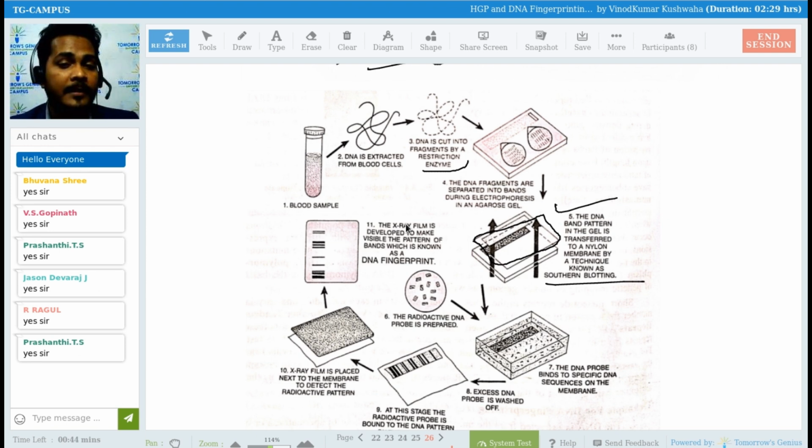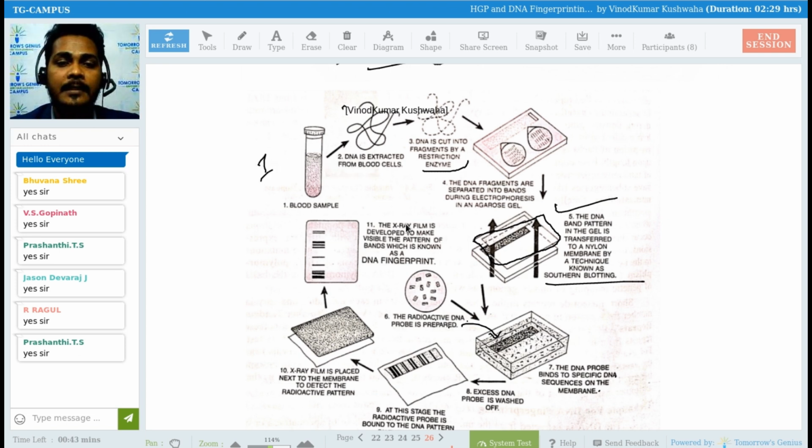Now after southern blotting, what is the next step? The next step is that the radioactive DNA probe is prepared, and you have to add it so that the DNA probe binds to the specific DNA sequence on the membrane. So on this membrane you have to add the probe. The sequence is very important. You have to remember each and every sequence.